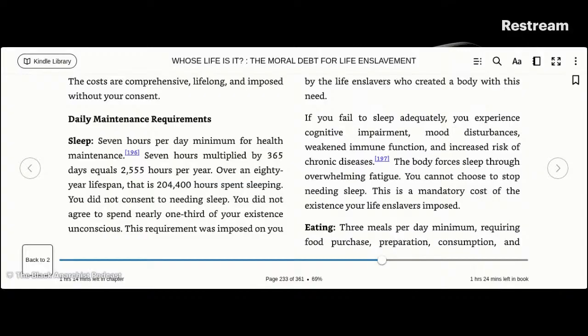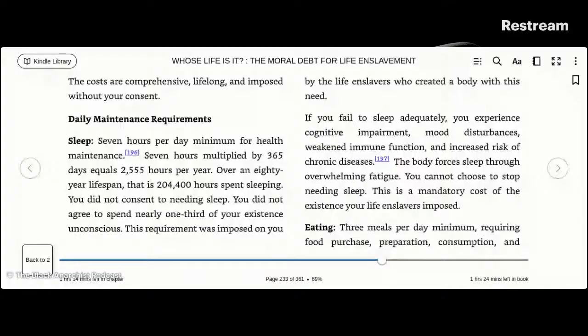If you fail to sleep adequately, you experience cognitive impairment, mood disturbances, weakened immune function, and increased risk of diseases. The body forces sleep through overwhelming fatigue. You cannot choose to stop needing sleep. This is a mandatory cost of the existence your life enslavers impose.